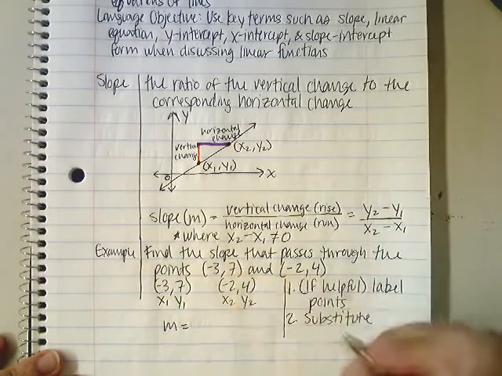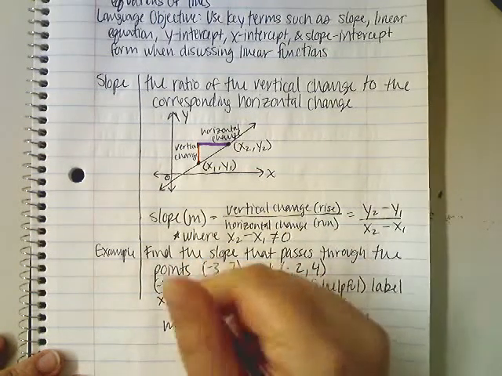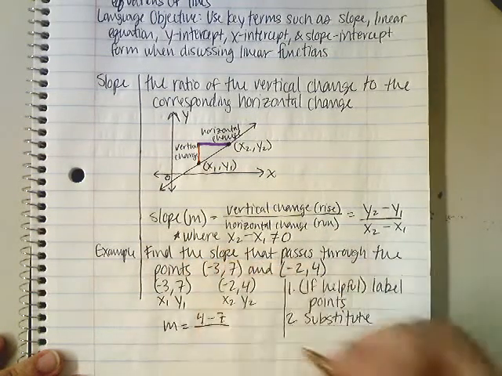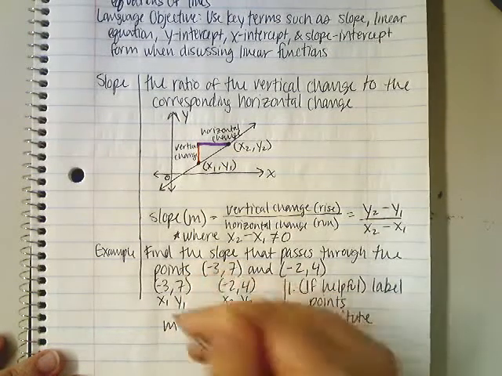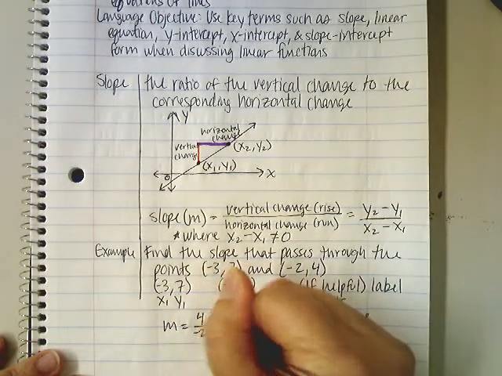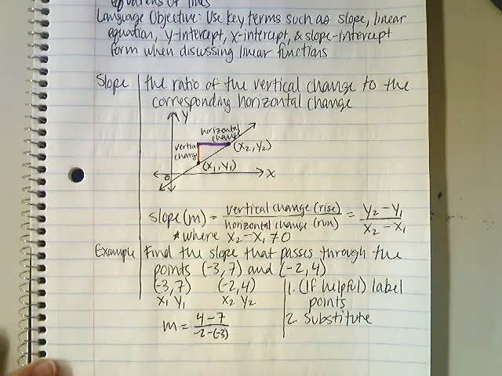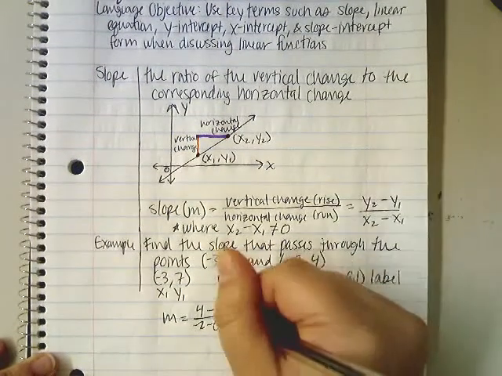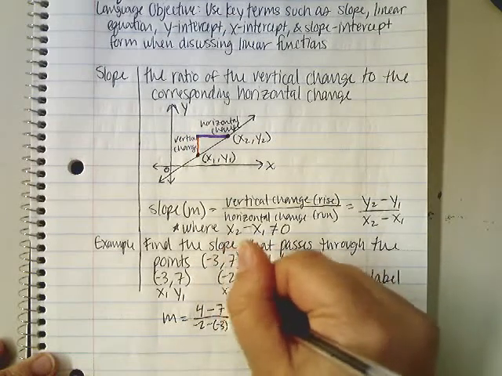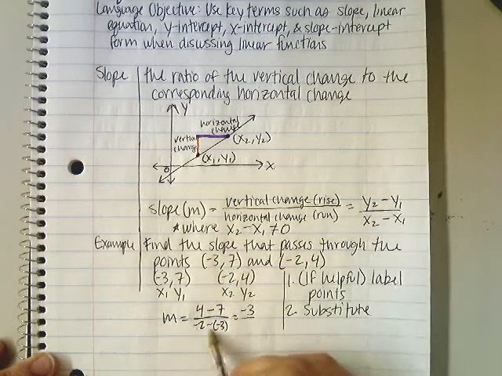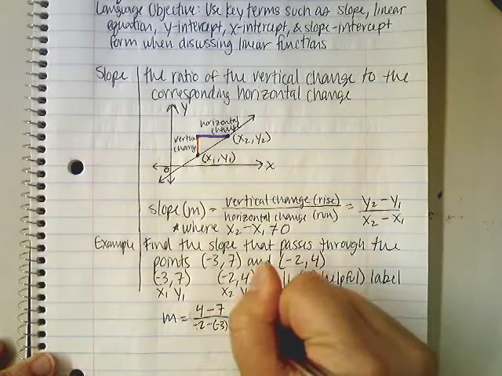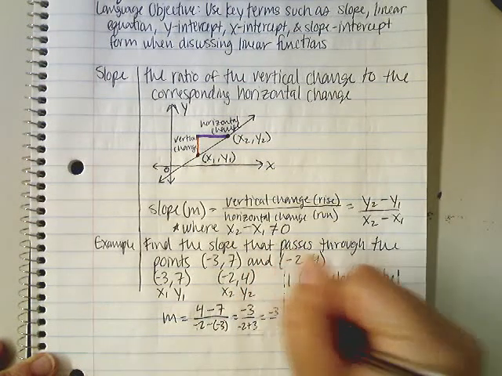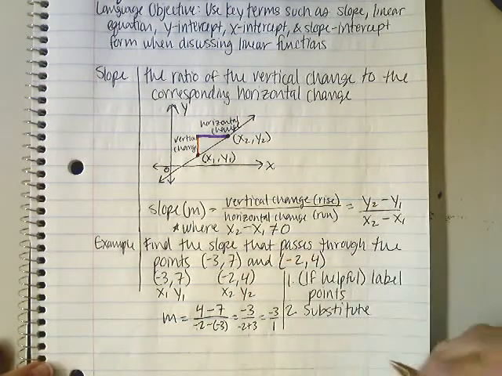So m is equal to y2, which is 4, minus y1, which is 7, over x2, which is -2, minus x1, which is -3. So I end up with 4 minus 7 over -2 minus -3, which simplifies to -3 over -2 plus 3, which simplifies to -3 over 1.